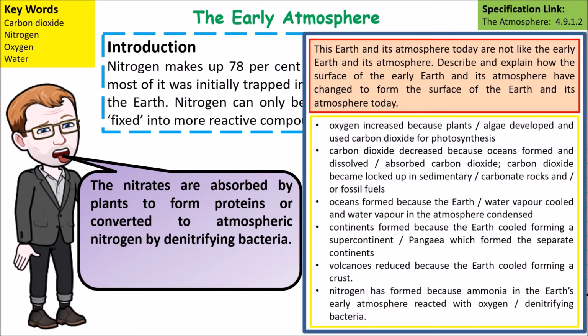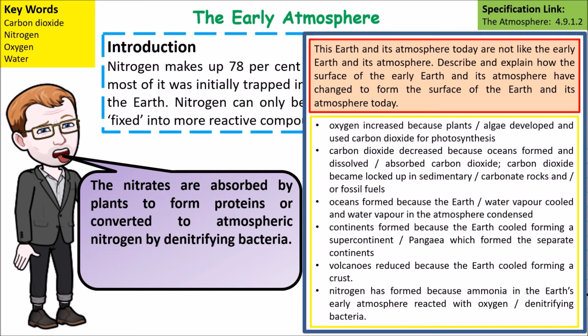If we look at a question on this, the question might go: the Earth and its atmosphere today are not like the early atmosphere, so describe and explain how the surface of the Earth and its atmosphere have changed from the past to what it would be like today. These are a few key things that you need to include.